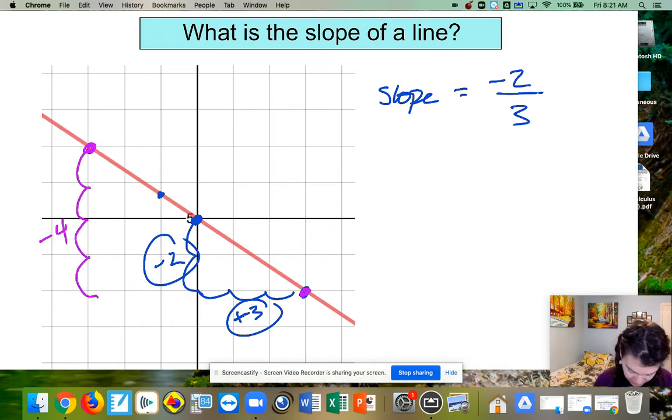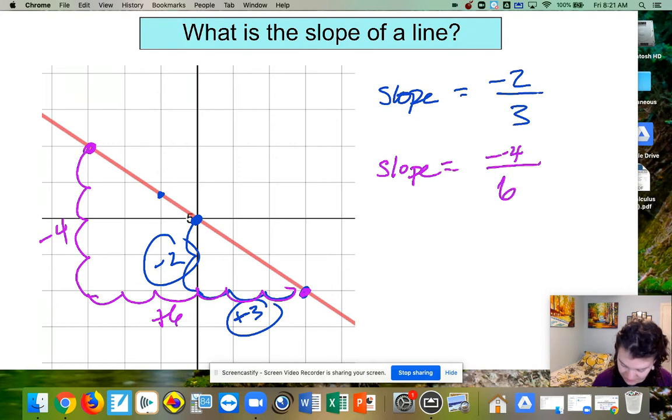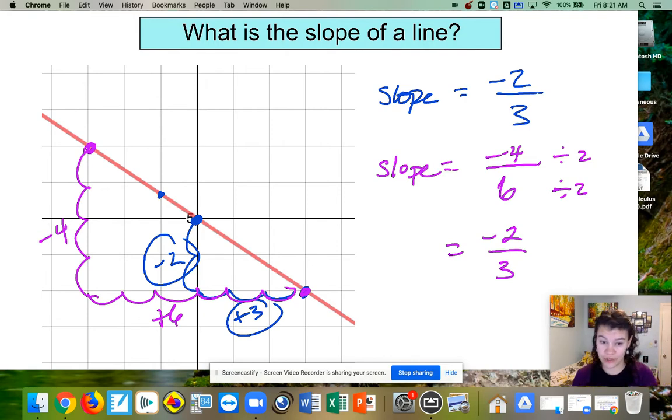So down 4, and then over 1, 2, 3, 4, 5, 6. So if we write that out, the slope, looking at the 2 purple points, we get negative 4 over 6. And then you can simplify this by dividing both by 2. And you should still get negative 2 over 3. So you'll get the same slope no matter what points you pick on the line.